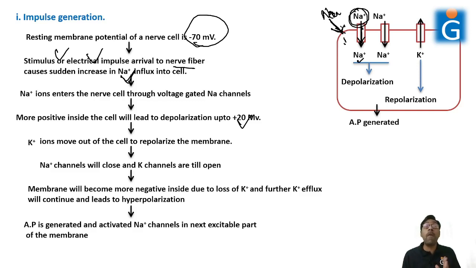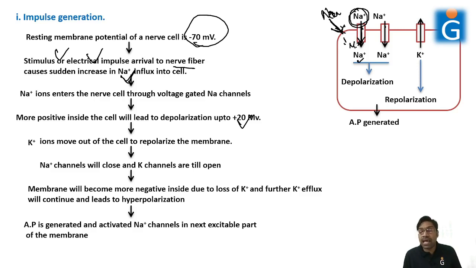These mechanically operated sodium channels open when a nerve impulse strikes the nerve cell. When the sodium ions come inside through the mechanically operated sodium channel, there is a change in voltage, and due to the change in voltage, the voltage gated sodium channels are going to open.